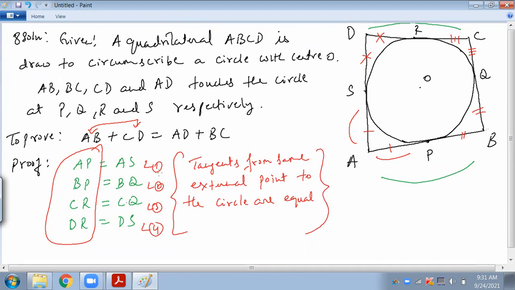Okay, then we'll add 1, 2, 3, 4. If you add 1, 2, 3, 4 on the left hand side, we'll get AP plus BP plus CR plus DR. If you add AP and BP, we'll get AB. And if you add CR and DR, we'll get CD.